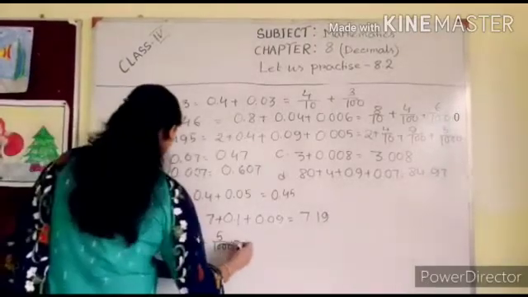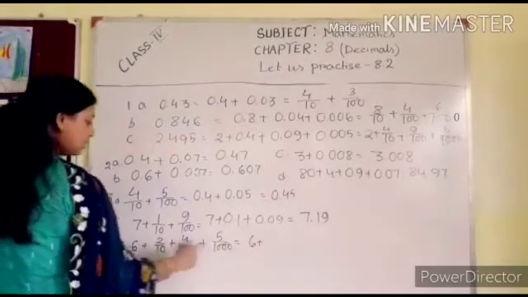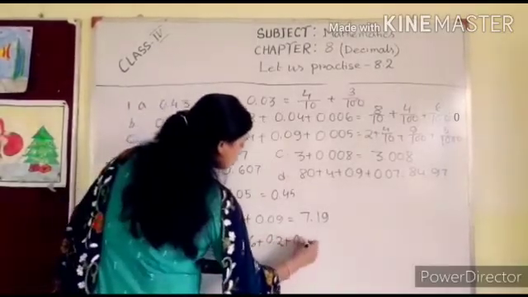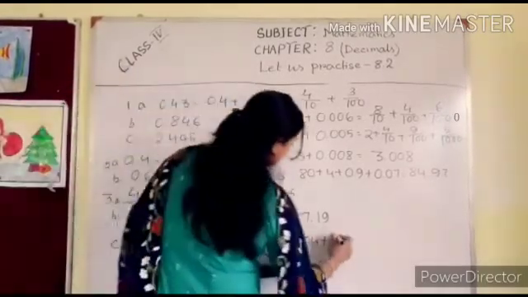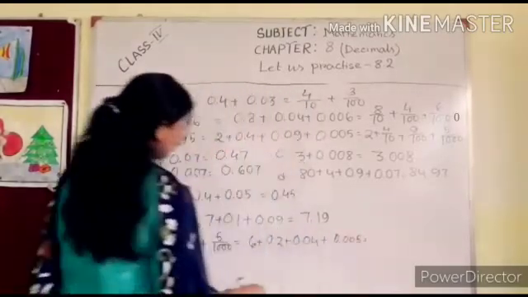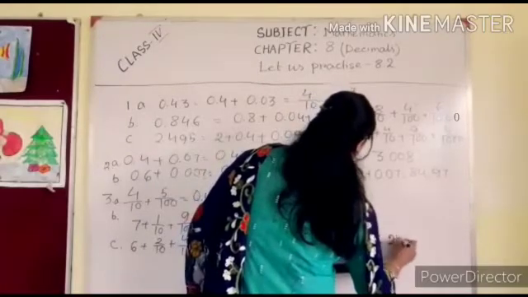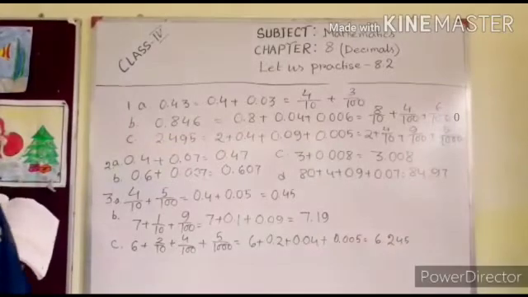So your answer will be: 6 plus 2 by 10 means 0.2, 4 by 100 means 0.04 and 5 by 1000 means 0.005. So the answer will be 6.245. Now D.